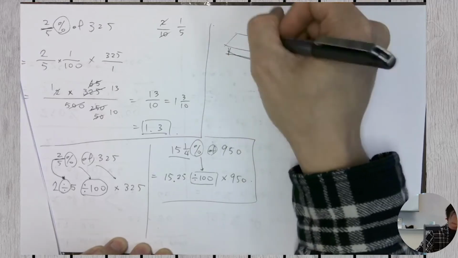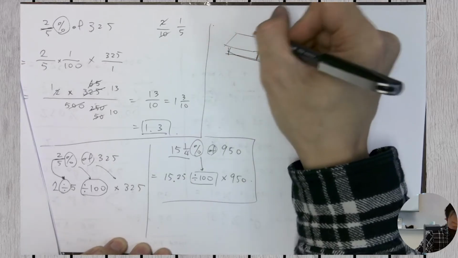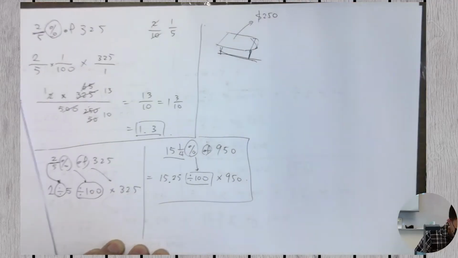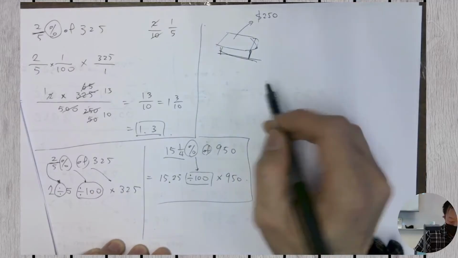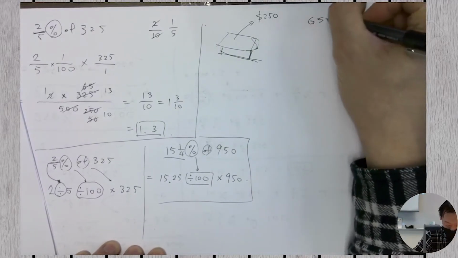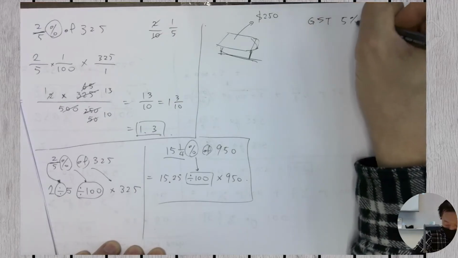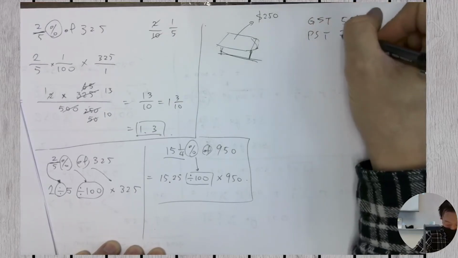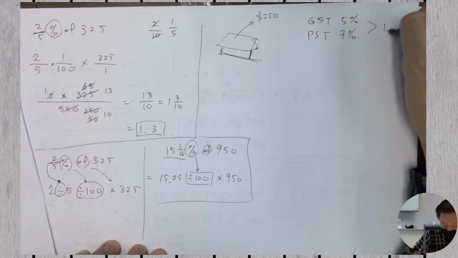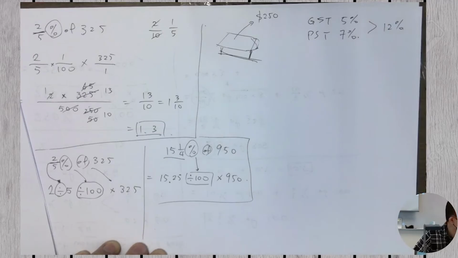This sled has a price tag of $250. You have to pay tax, GST of 5%, PST of 7%, which means that in total you're going to be paying 12% of tax.